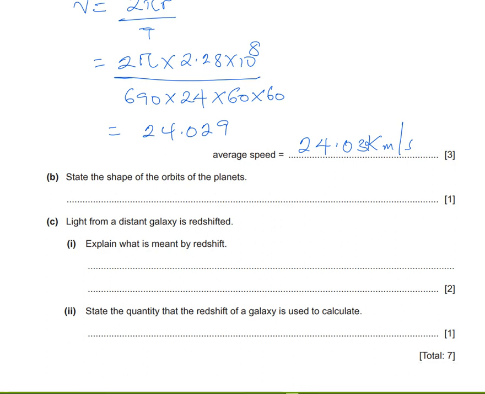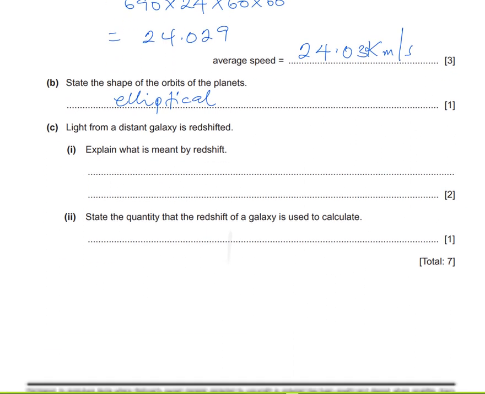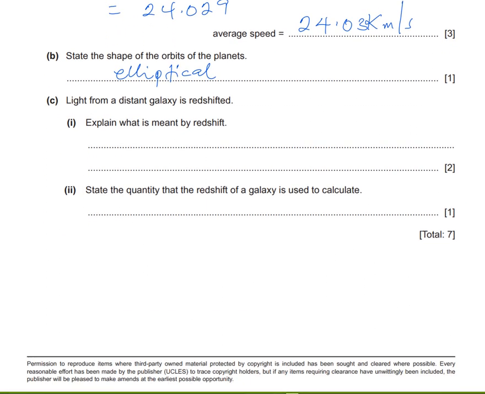State the shape of the orbits of the planets. The shape is elliptical. Light from a distant galaxy is red shifted. Explain what is meant by redshift. This means the wavelength increases.